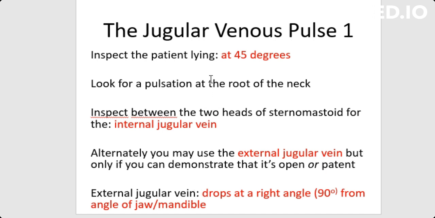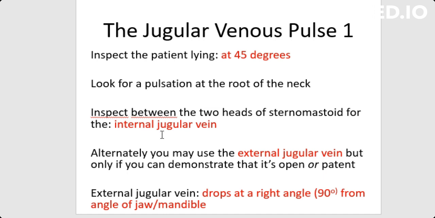Now, coming to the jugular venous pulse, if you want to examine this, you need to inspect the patient lying at 45 degrees, look for a pulsation at the root of the neck, and inspect between the two heads of sternocleidomastoid muscle if you want to examine the internal jugular venous pulse.